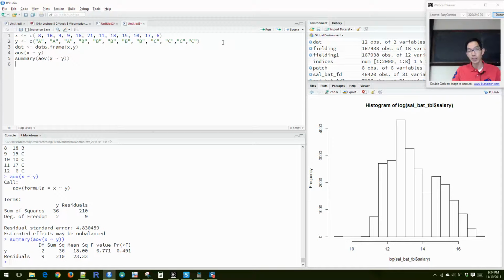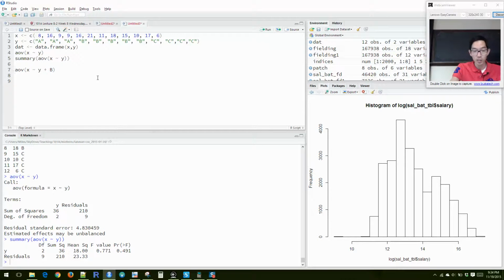So R makes it very easy to perform ANOVA. If we had another factor, like another data set, and we wanted to do a block design, like we have, you would just say X as explained by Y plus whatever the block is. And if you wanted the interaction, you would do a star to say I want the effect due to Y and the effect of the block and their interaction. But you can just do Y plus this, and this will be the command for that.